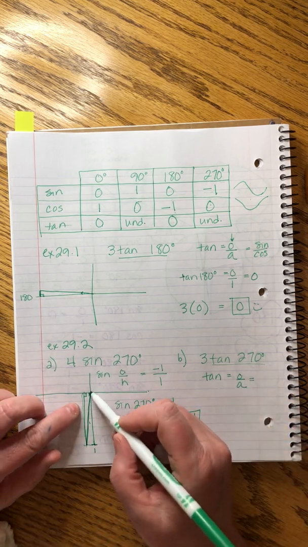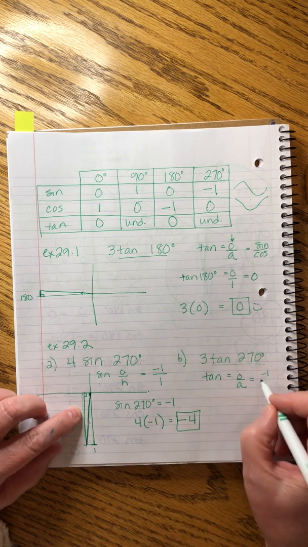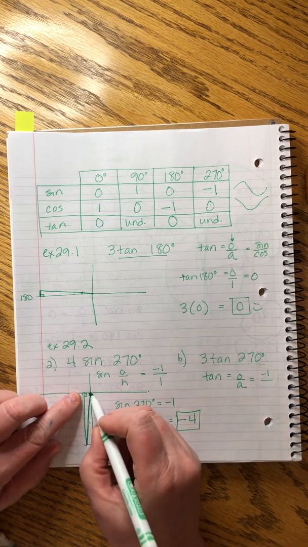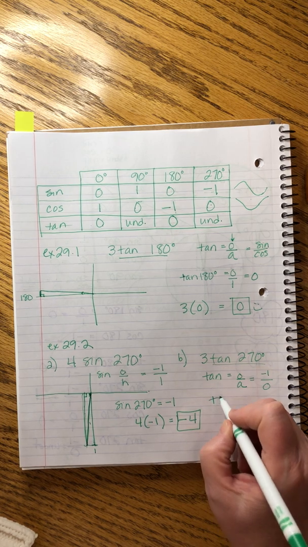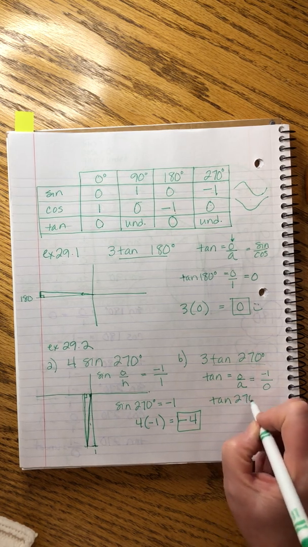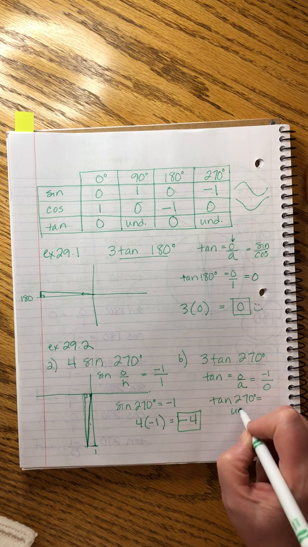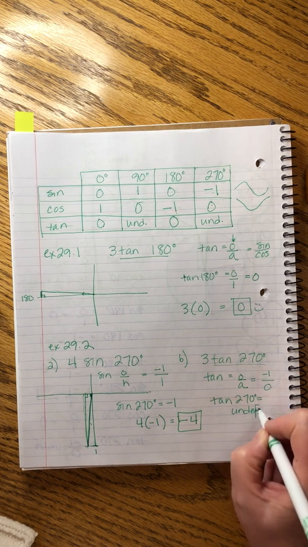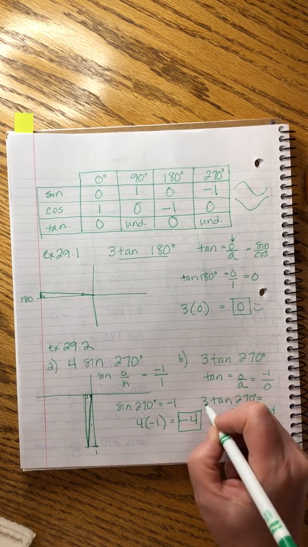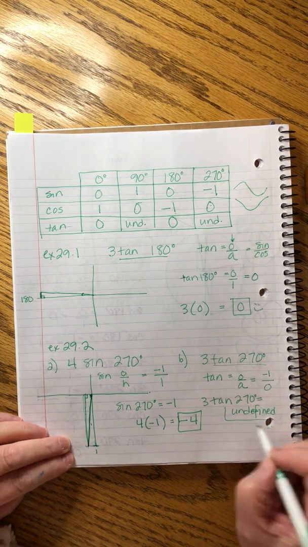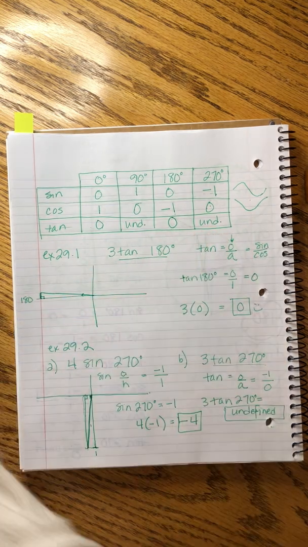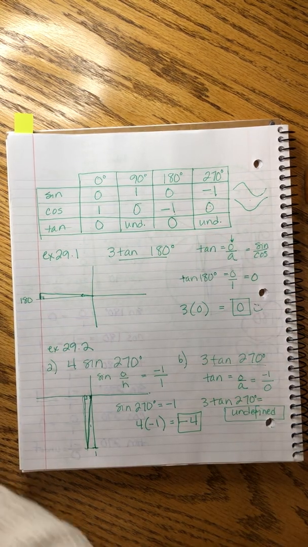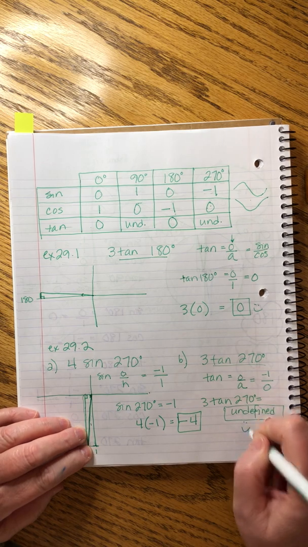If we're here, the opposite side is -1, and the adjacent side, that's the one that's disappearing, is going to be 0. Oops. Tangent at 270 degrees is undefined. So 3 times the tangent at 270 is also undefined. That squares with what our chart says, and John believes it too. Okay? So we got those both, right?